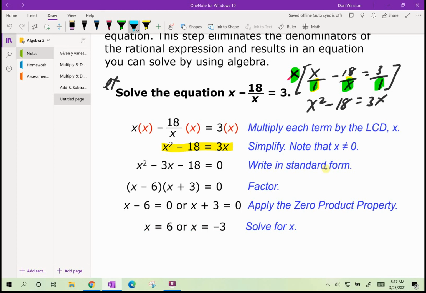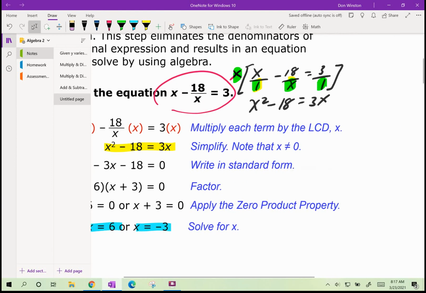So, solution solved. Now, you could just as well check your work with decimals, and I'll just show you doing this once here. Really, when I have this equation, I have a system of two equations. One equation is y is equal to x minus 18 over x, and the other equation is y is equal to 3. I'm going to set those two equations equal to each other and then solve.